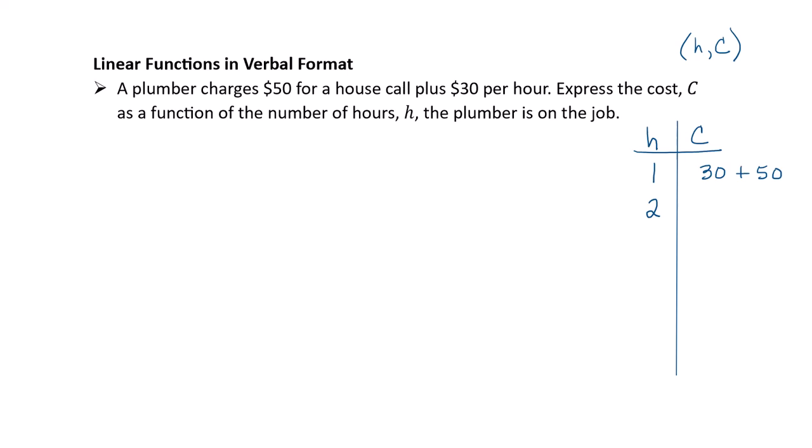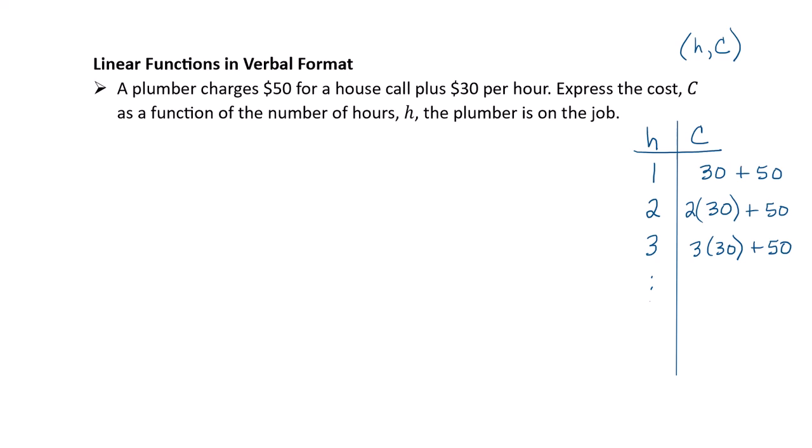So he's going to pay that $30 per hour charge twice and the $50 just for making the house call. Let's say he's there for 3 hours. He's going to make 3 $30 charges for 3 hours plus $50 for the house call.